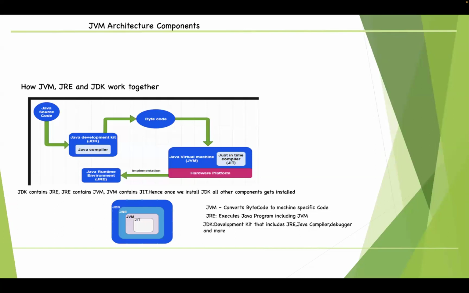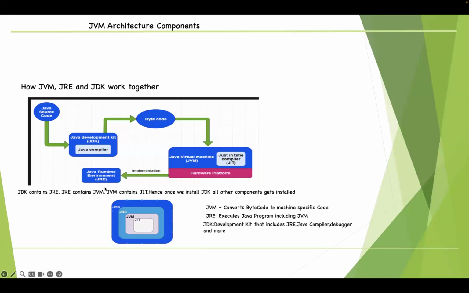If you are preparing for an interview and someone asks, can you explain the components provided by Java, you need to explain JDK, JRE, JVM, how they interrelate, and how the work starts.